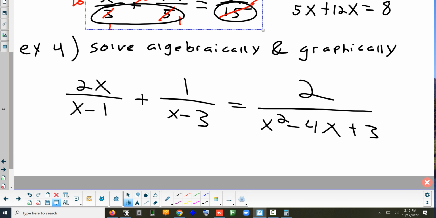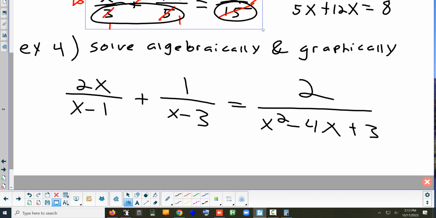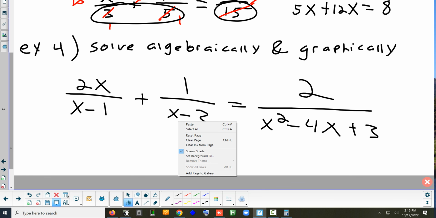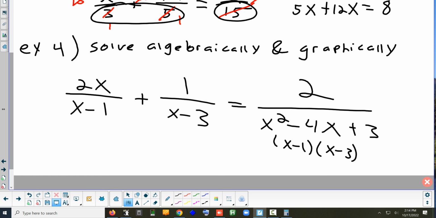You can check it, but if you FOIL x minus 1 times x minus 3, you get x squared minus 3x minus 1x. That's minus 4x. And then negative 1 times negative 3 is positive 3. So I'm going to put that down below, just to remember. That x squared minus 4x plus 3 is really x minus 1, x minus 3.